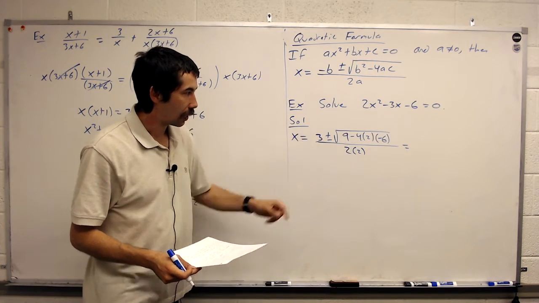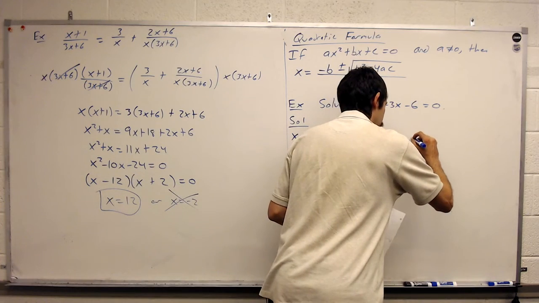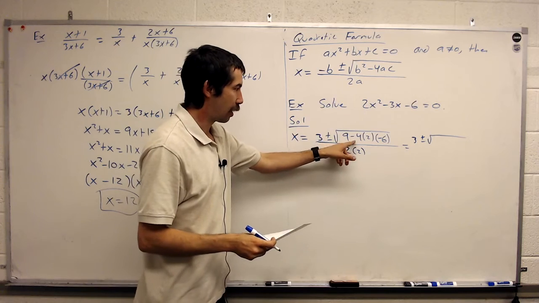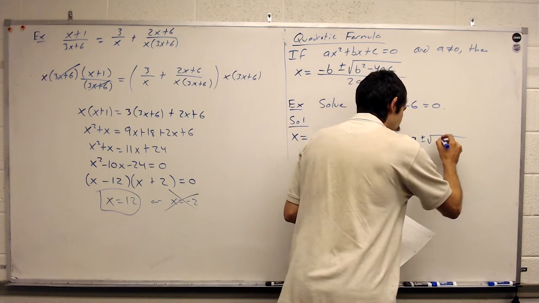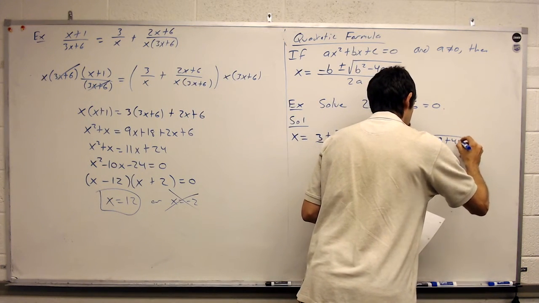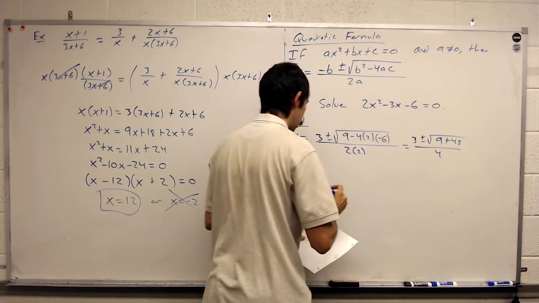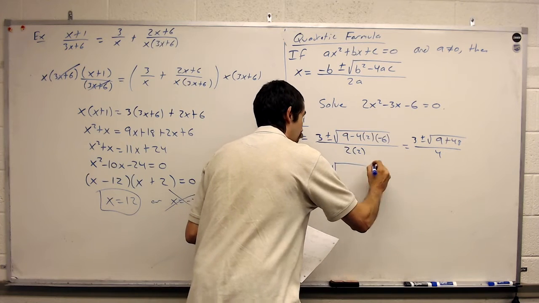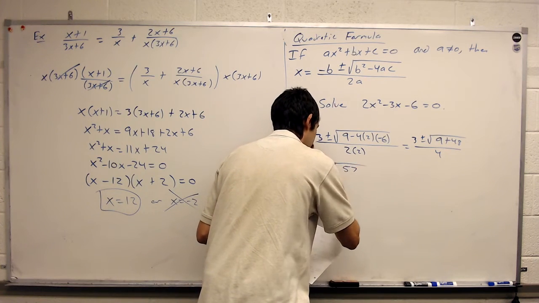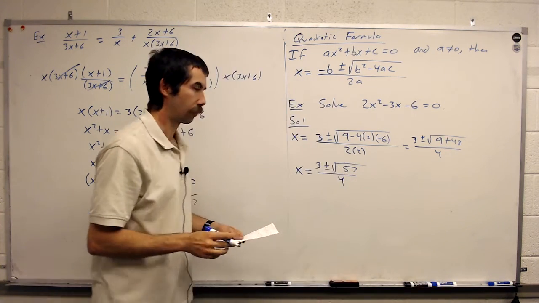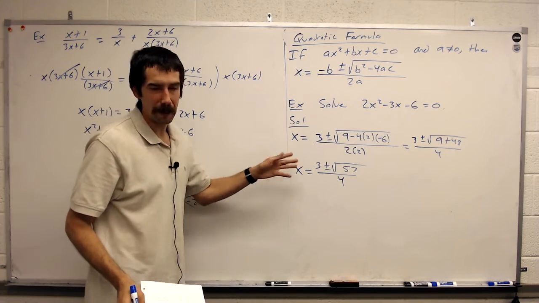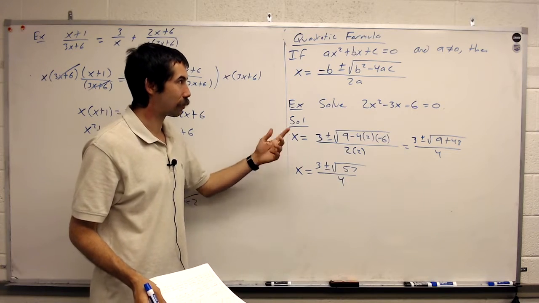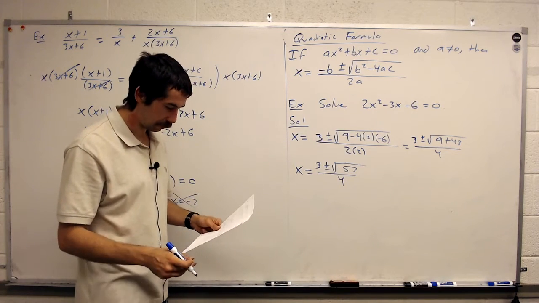Let's clean up the inside here. 3 plus or minus the square root of 9 plus 48, over 4. And so our answer is x equals 3 plus or minus the square root of 57, over 4. We would not have been able to find this through factoring, or at least not easily. So this is where the quadratic formula comes in handy.